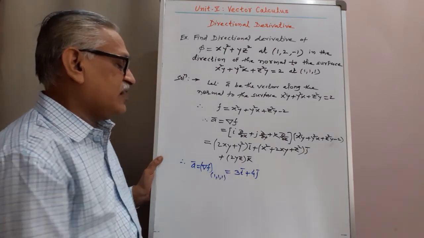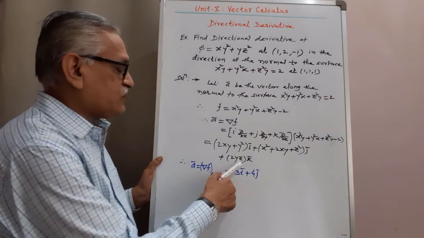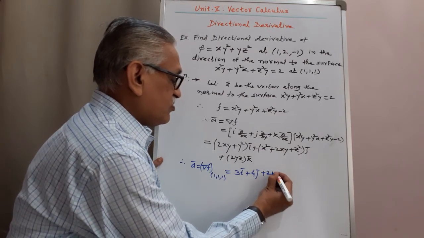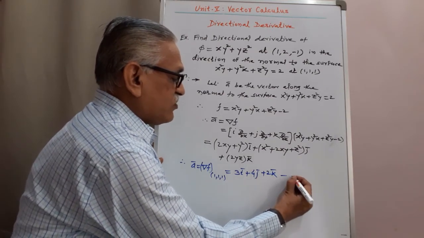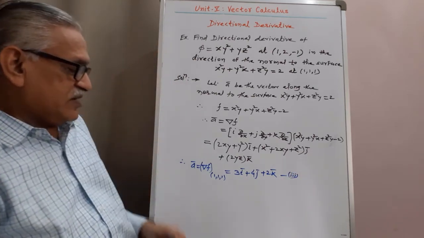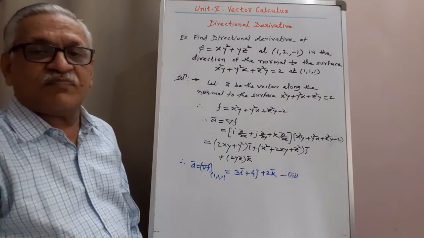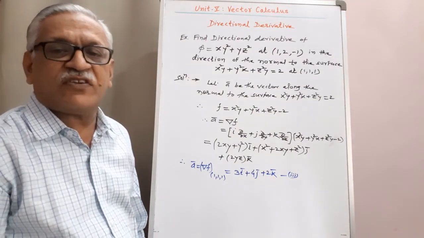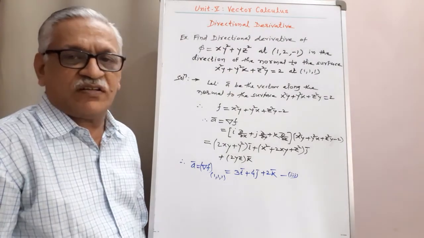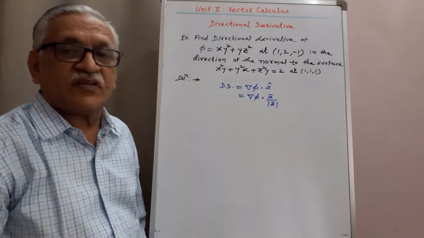And with y and z as 1, it is 2 into 1 into 1, we get 2k. We call this equation number 3. This is the vector along which we require the directional derivative, and then we apply the formula to find it.